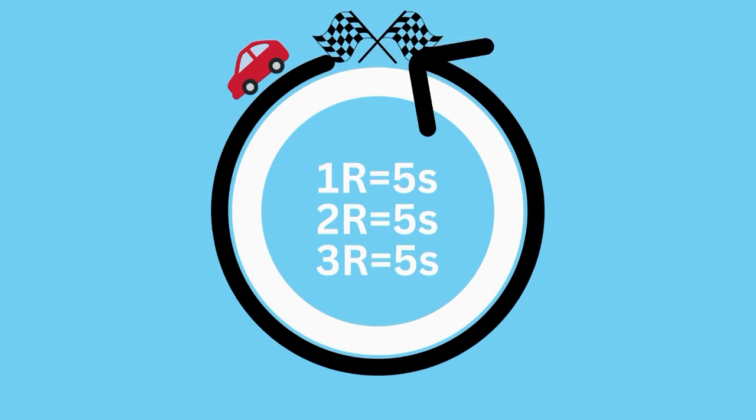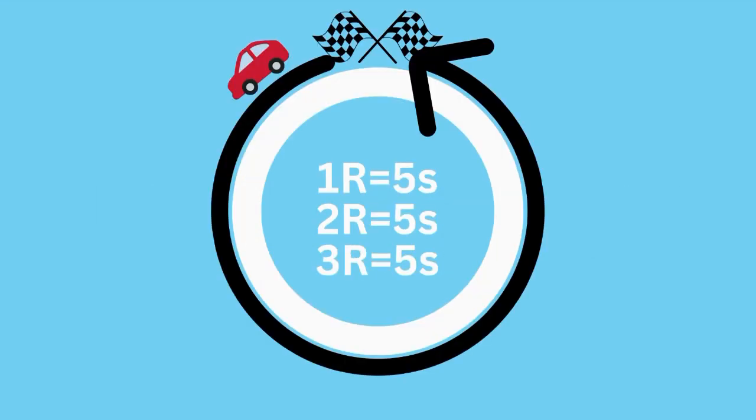The first round, it took 5 seconds. It went again on the same path. In the second round, it also took 5 seconds. And in the third round, it also took 5 seconds. So we are going to say this car is in periodic motion.